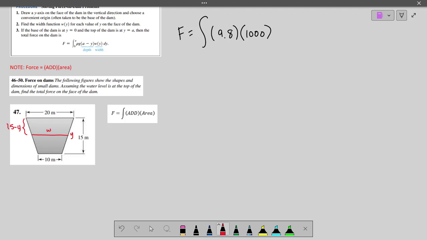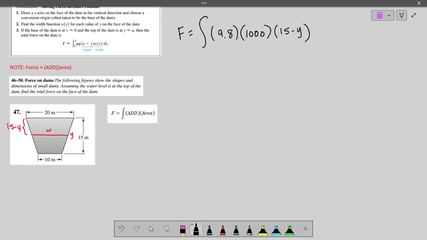So that is going to be our second d. So far we've done nothing different than what we did with the work problems. So there's the ADD. This is also pressure. ADD is pressure. So that will have units of pressure, pascals if you want to use that unit, you can.